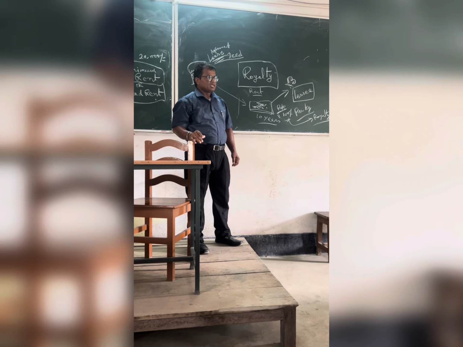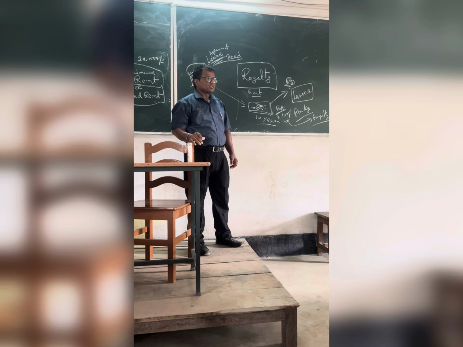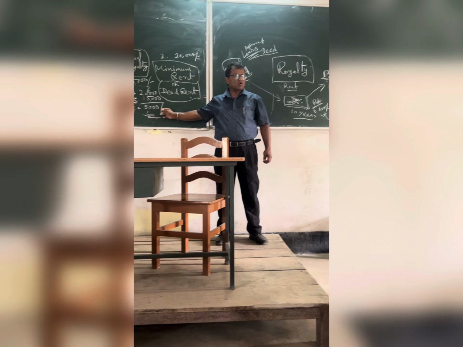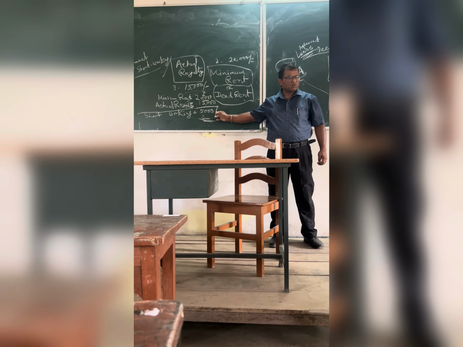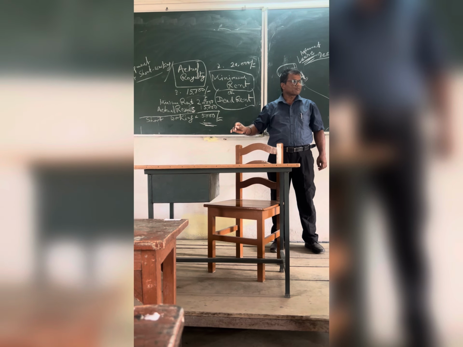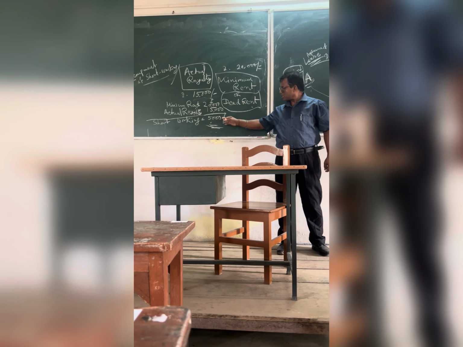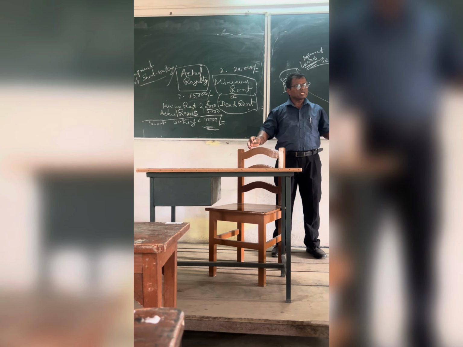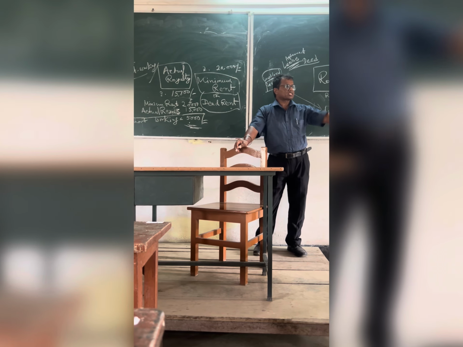Suppose after 3 years you still do not have more royalty, then whatever is left is gone. Suppose 1,000 adjusted, then again 1,000, again 1,000, 2,000 is not adjusted, and 3 years are gone. Then that 2,000 will never be adjusted.